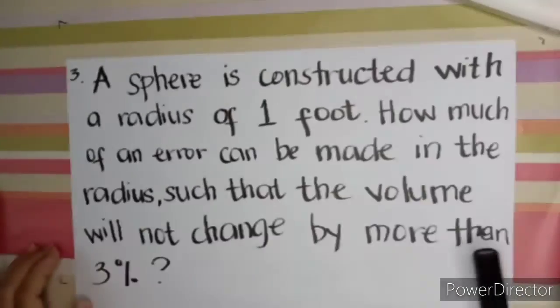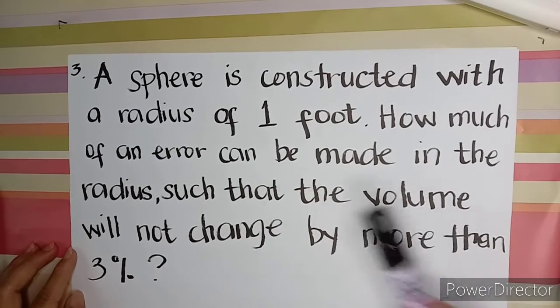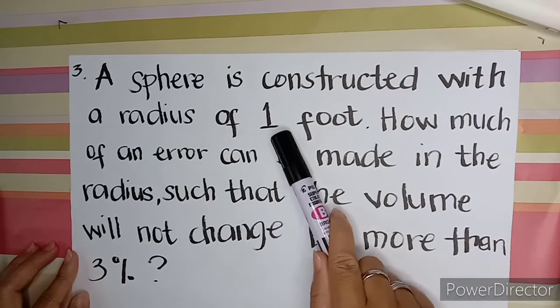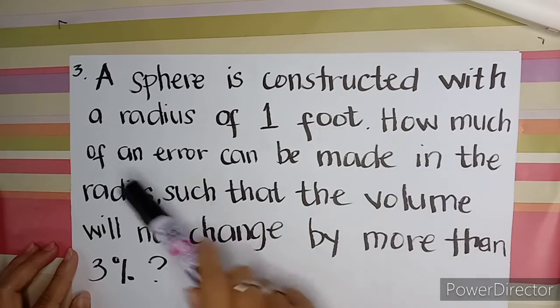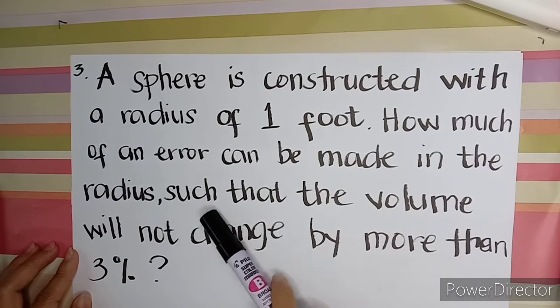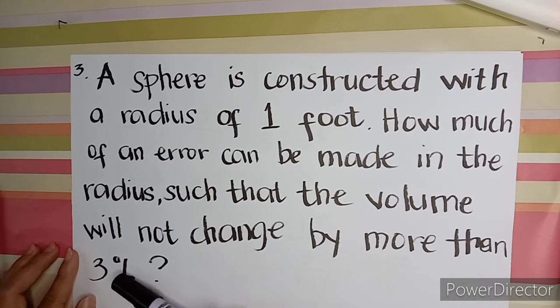The last problem for differential calculus is this one. A sphere is constructed with a radius of 1 foot. How much of an error can be made in the radius such that the volume will not change by more than 3%?